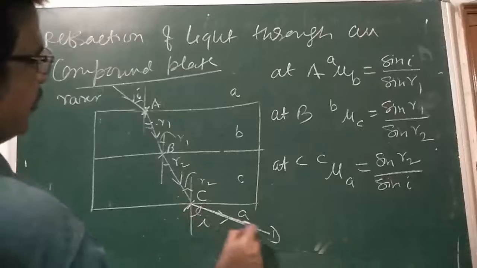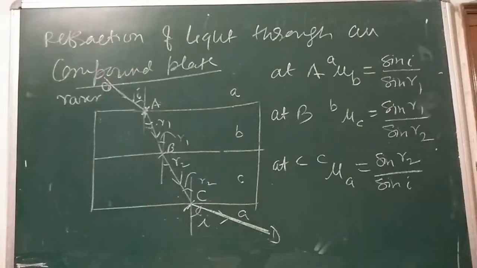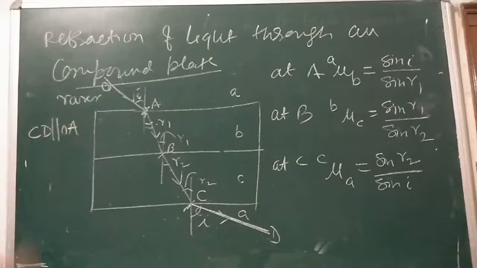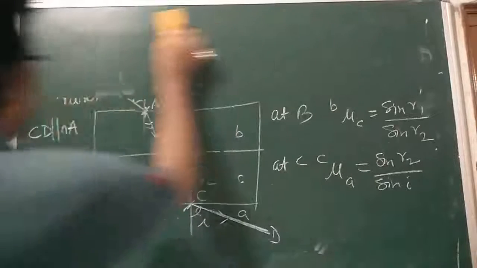This CD is parallel to OA. Here is O. CD is parallel to OA. Multiply all these three. What are we getting?